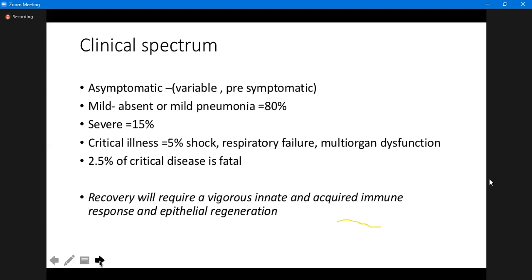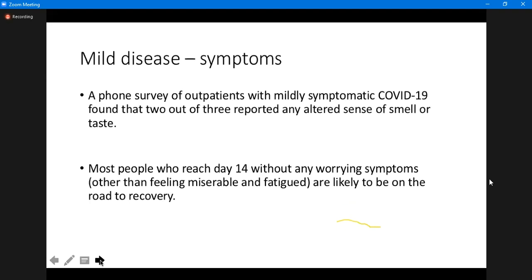I said that it is actually attacking your own cells, right? You are dysregulated, your cells are misdirected to attack your own cells. So 2.5% could have a really critical illness, which is fatal. Recovery will require a vigorous innate and acquired immune response and epithelial regeneration. So it takes a lot of time. So that is the clinical spectrum.